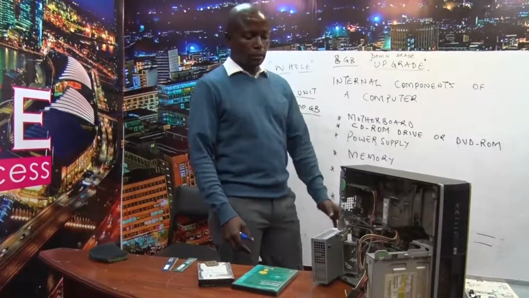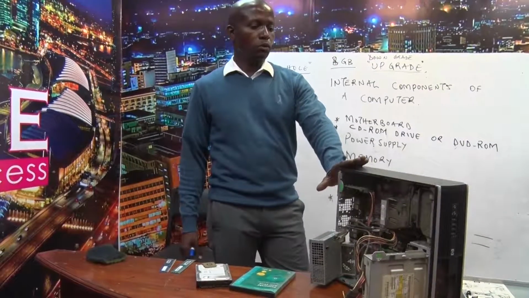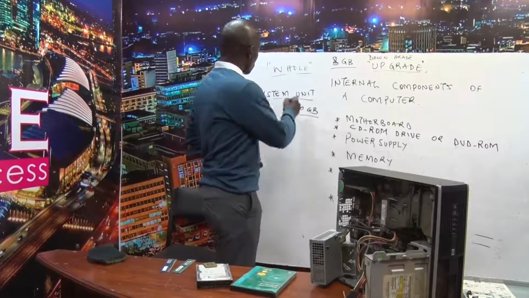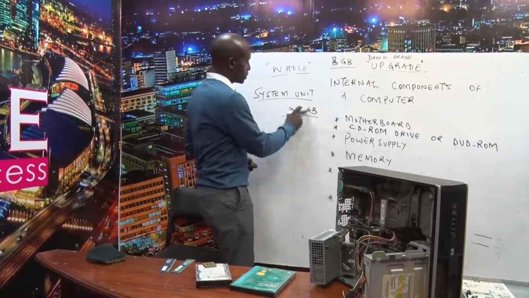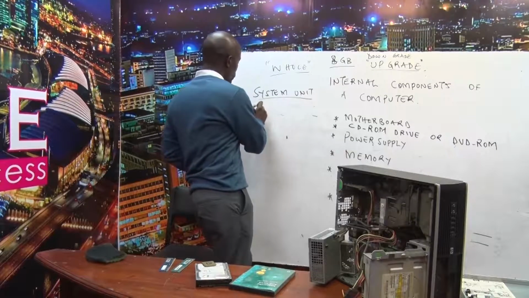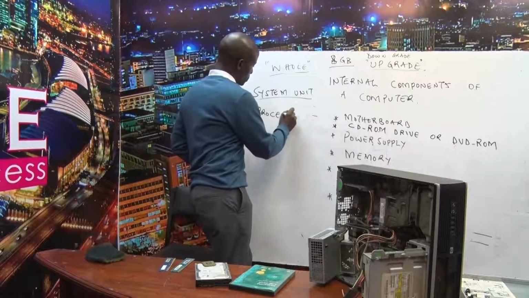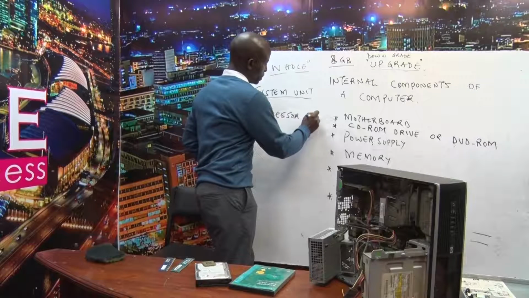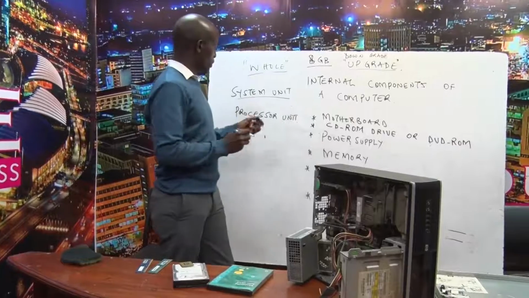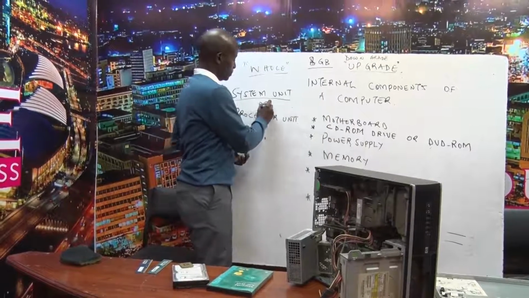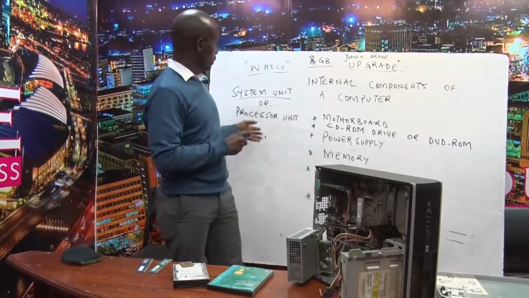And like I said, all that is housed within this. We can always call it the system unit, or in some other cases, there are people who simply call it the processor unit. System unit or the processor unit.